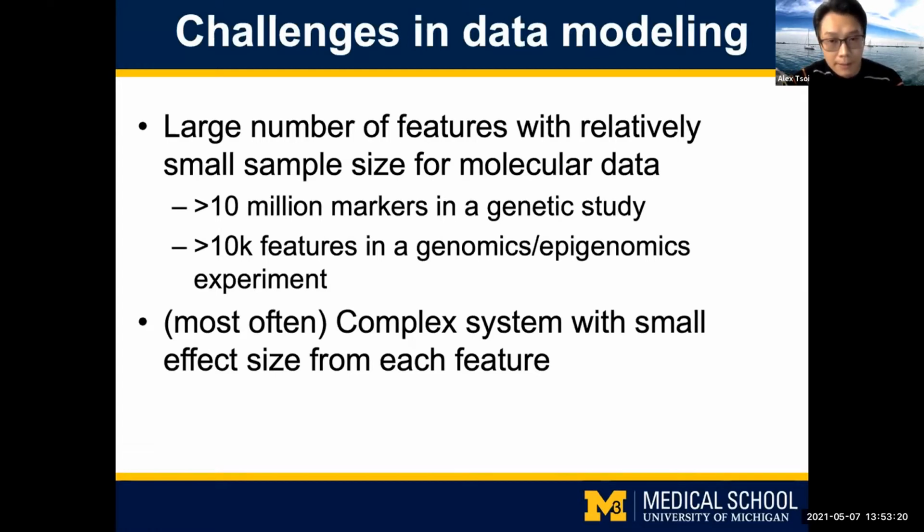For transcriptomic or epigenomic studies, we are dealing with more than 10,000 features. To make things even more complex, each of those features contributes only really mild effects, so we have to integrate or aggregate multiple different features in order to have more robust modeling.